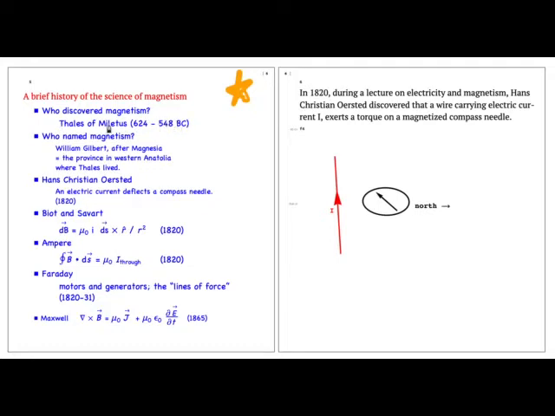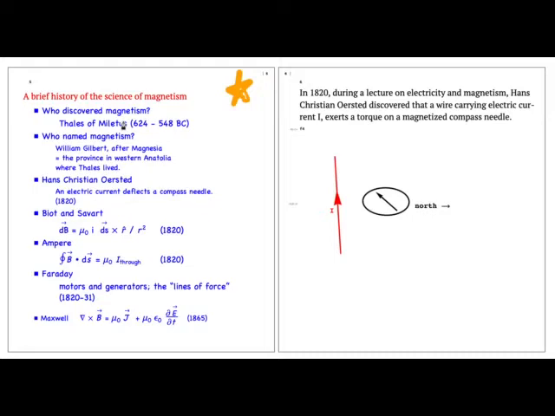So when he was alive, Miletus was part of the ancient Greek Empire. He is considered the first scientist in Western civilization. And even among philosophers, he's considered the first philosopher in Western civilization.